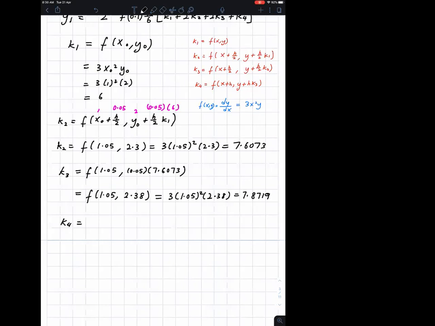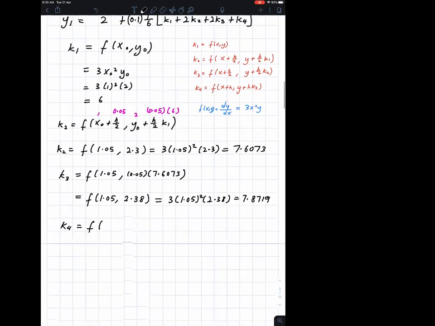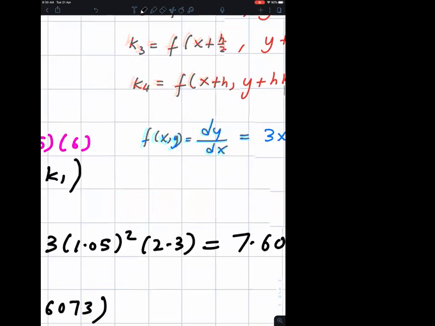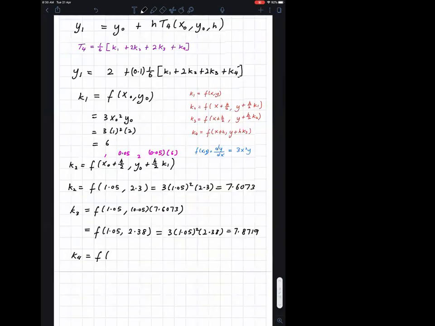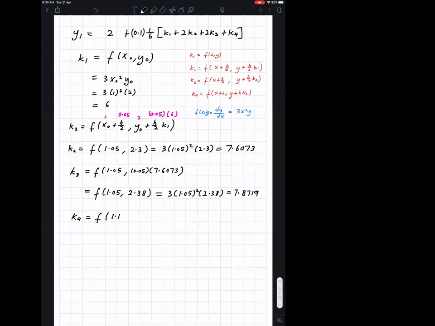K4 is going to be f(x plus h, ...). See here, K4 is just f(x plus h). x plus h is 1.1.